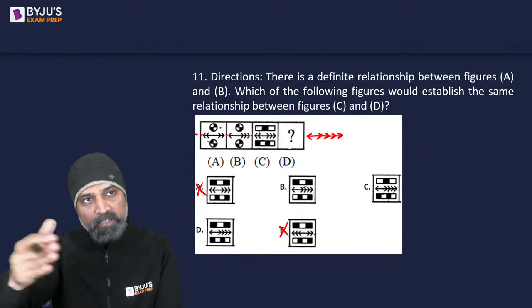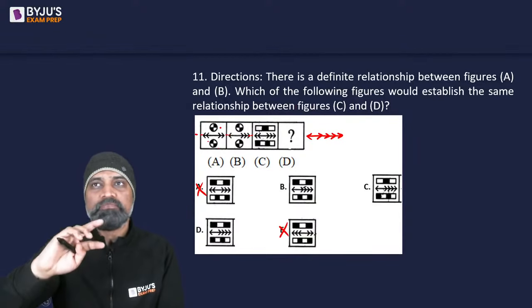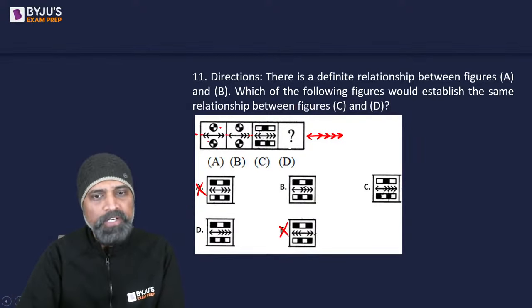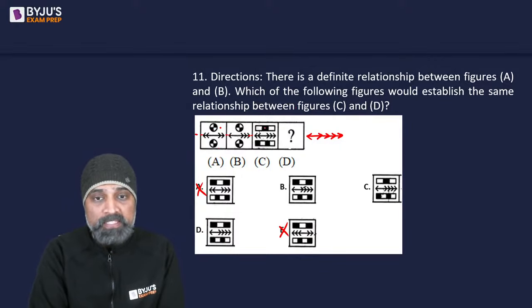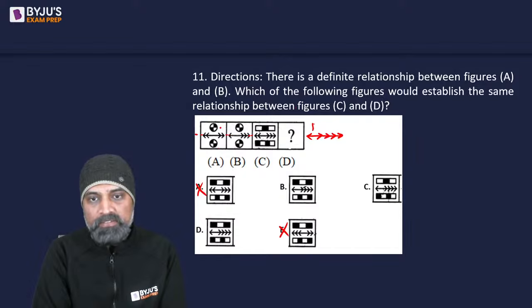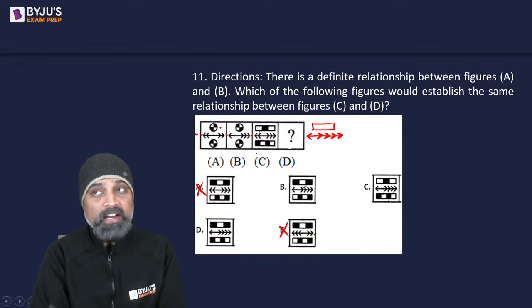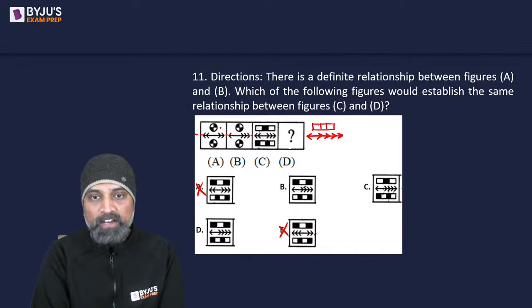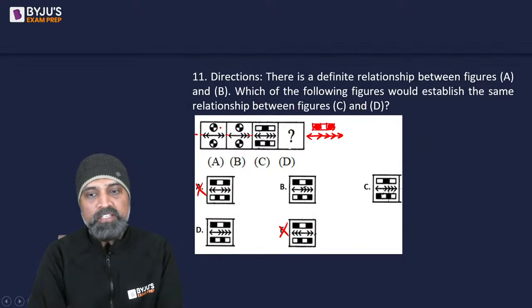I don't care about the number of segments. It's more about the switching of these shades, right? Since I have white, black, white, and since they are not the same figure, I can't actually do a mirror image over here. So we are going to have black, white, and black. This is the first thing that we should look into.